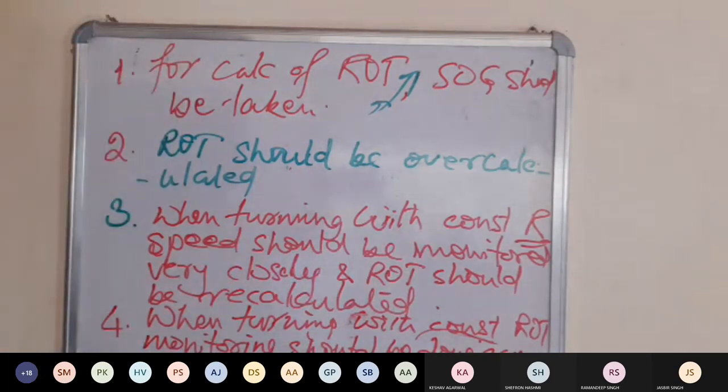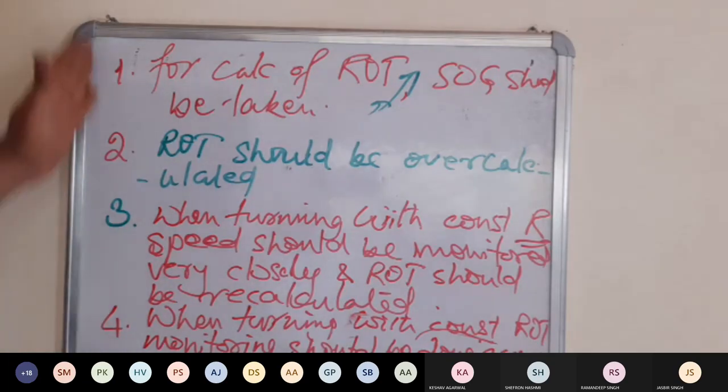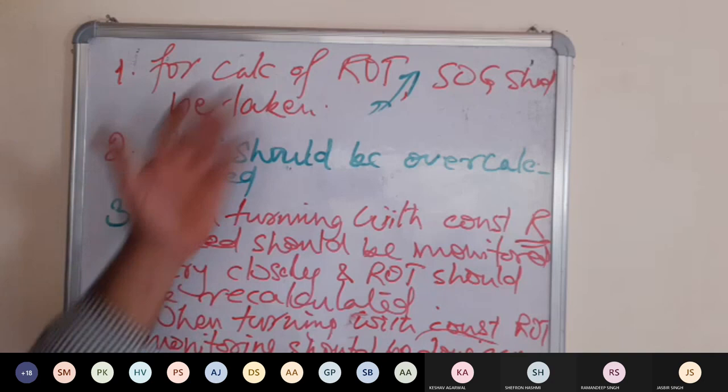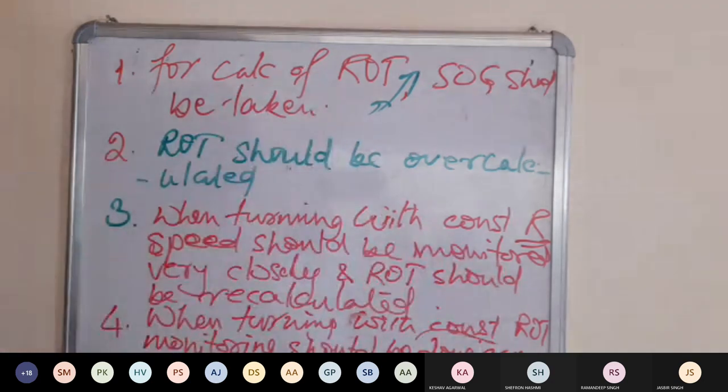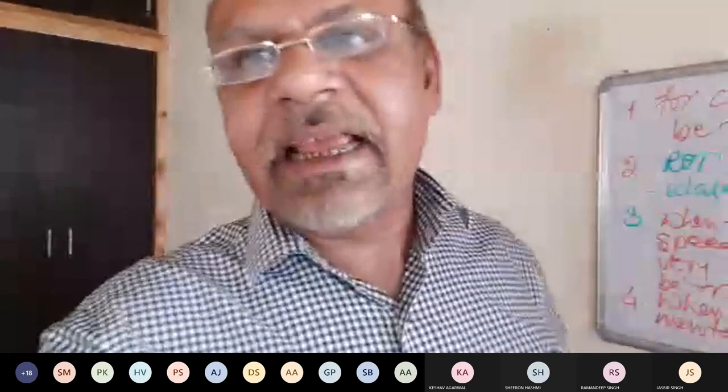These are some considerations about rate of turn indicator and the use, or rather precautions to be had in mind when we are using rate of turn indicator or when turning around, taking a large alteration basically. So we'll take a look at all these points once again.